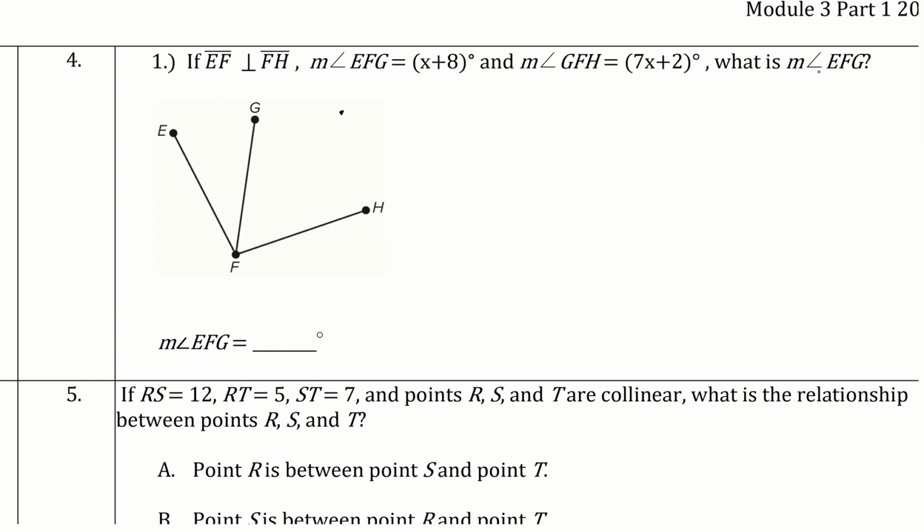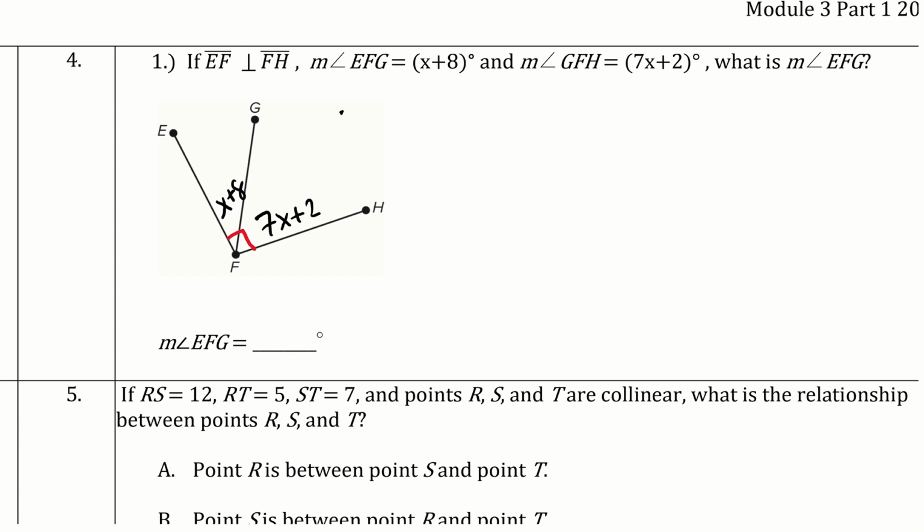So it says that it's perpendicular, so that means it crosses at a 90-degree angle. So that means this angle right here is 90 degrees, right? So let me just mark that as a 90-degree angle. And they said that EFG is x plus 8 and GFH is 7x plus 2.